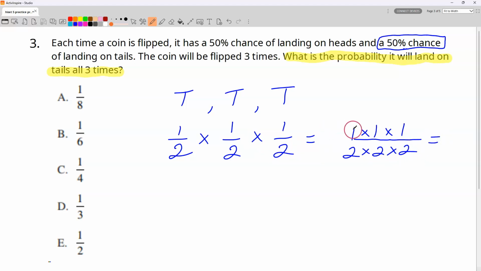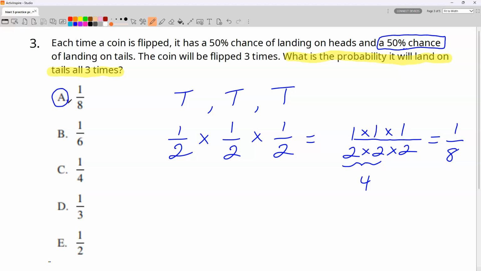And that's going to equal, well, 1 times 1 is 1, times 1 again. Whenever you multiply by 1, you just get 1 back. So 1 times 1 times 1 is just 1. Then 2 times 2 is 4, and 4 times this 2 is 8. That's your answer, 1/8. It's going to be A.